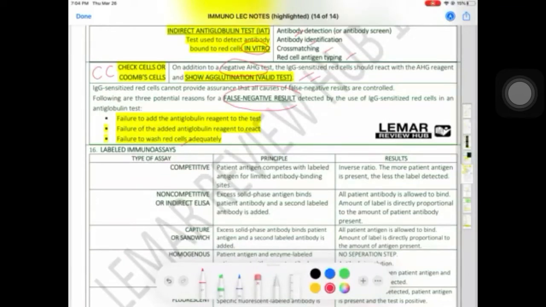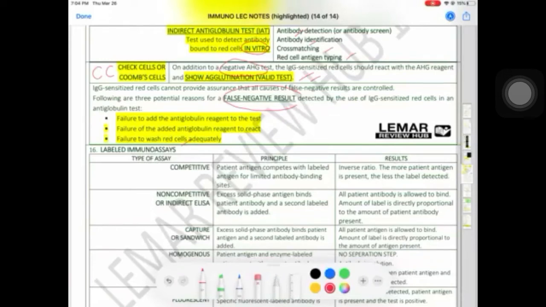So, maaaring hindi na-add ang AHG reagent, maaaring na-inactivate or na-neutralize ang AHG reagent, or maaaring insufficient washing. Yung mga unbound globulins kasi can neutralize the AHG reagent resulting to a false negative test.